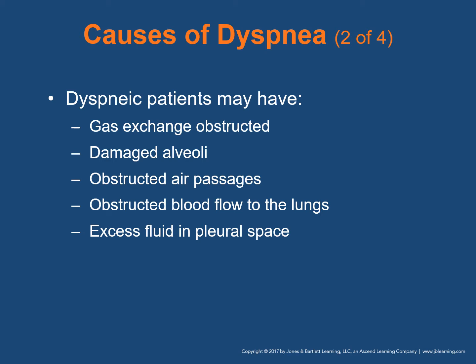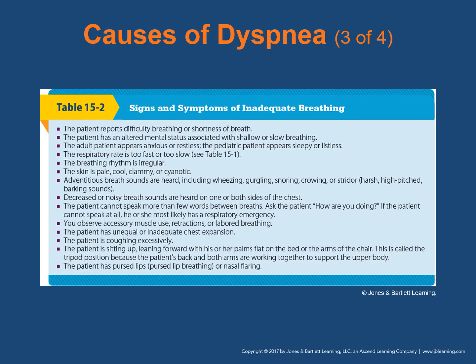And then the pleural space being filled with excess fluid, like from pulmonary edema, or from pus, or just fluid that has accumulated in there, can cause the air exchange not to happen. We already discussed some of the signs and symptoms that you're going to see with inadequate breathing, so look at that table again, 15-2.